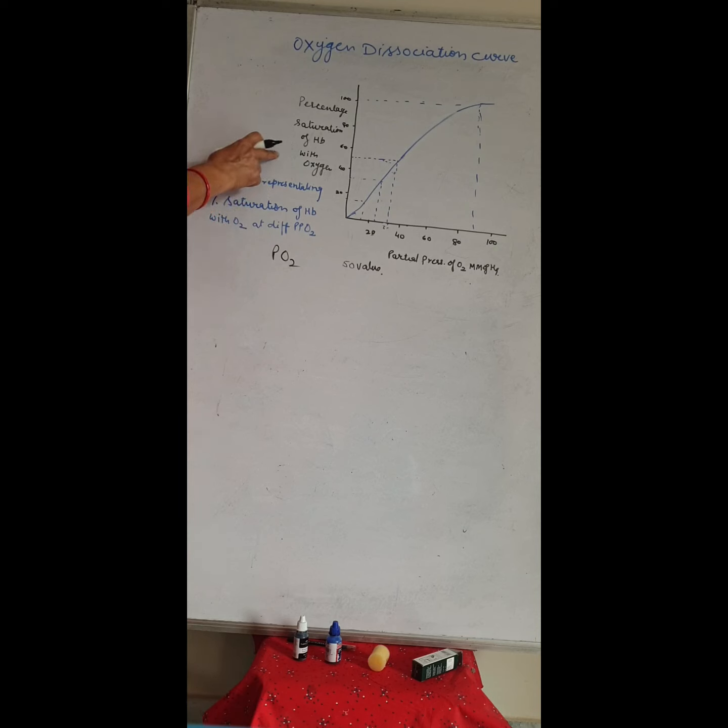It is clear the hemoglobin is 50% saturated nearly at 30 mm of mercury.